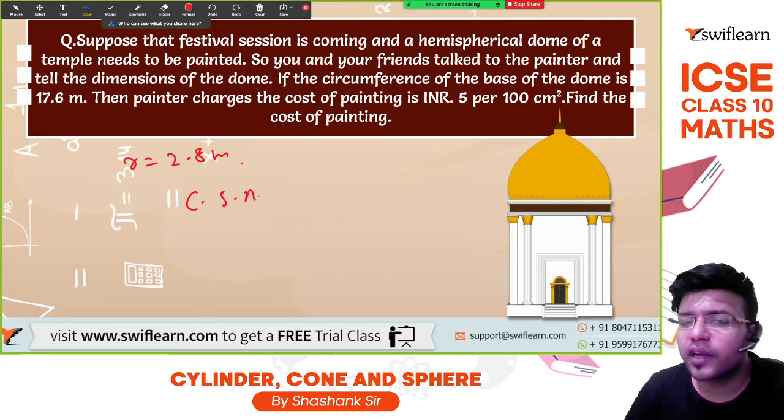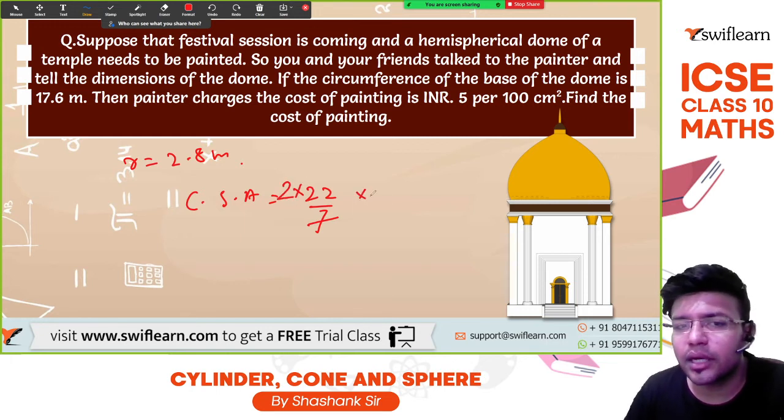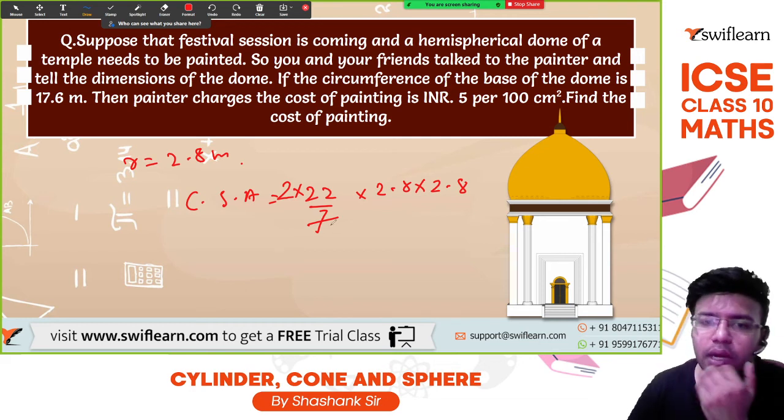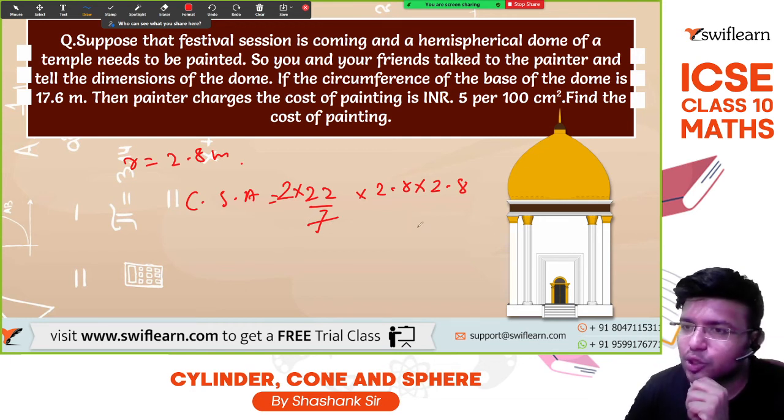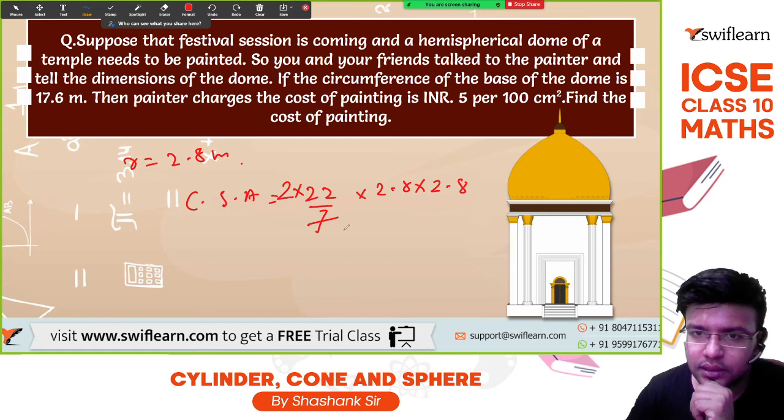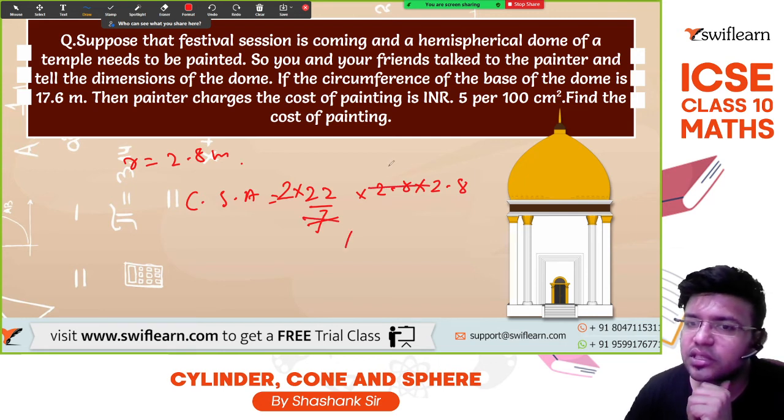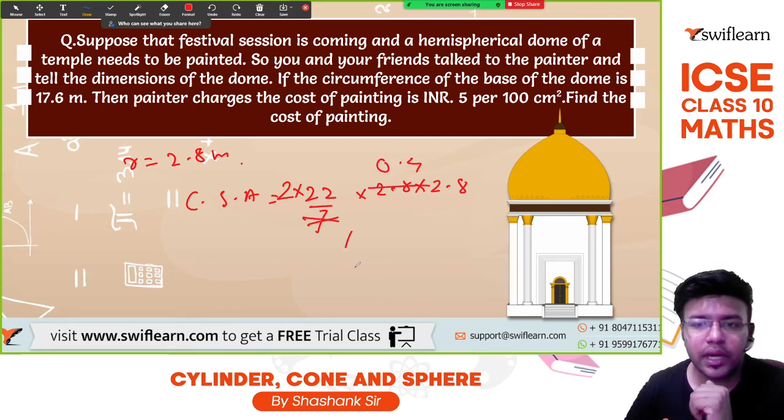Curved surface area of the dome is given by 2 into 22 by 7 into 2.8 into 2.8. 7 on the 7, 7 fours are 28.